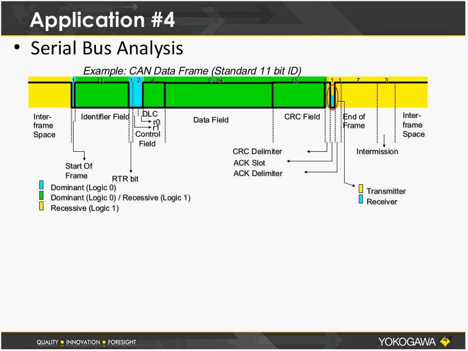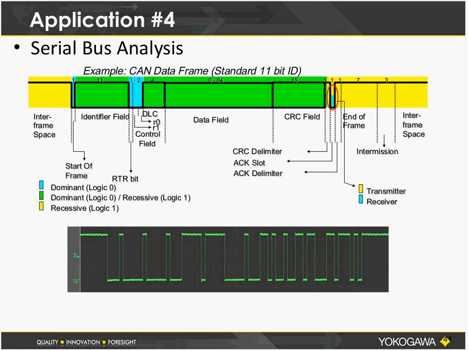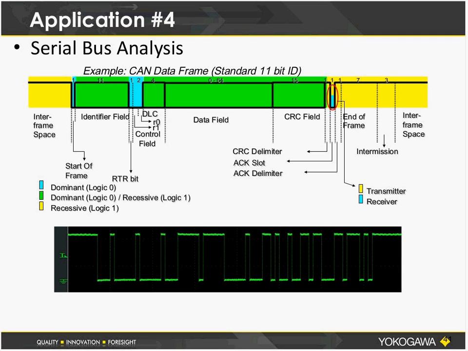Here I have a typical CAN bus frame, and of course the CAN bus, like every protocol, has a definition which includes a header, a data field, and some error correction or end of frame information. And here's what a CAN bus signal would look like on your digital oscilloscope.